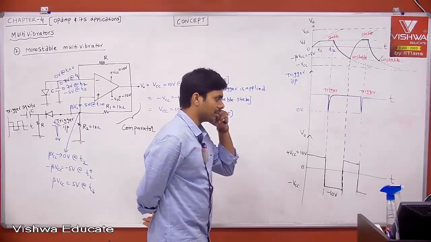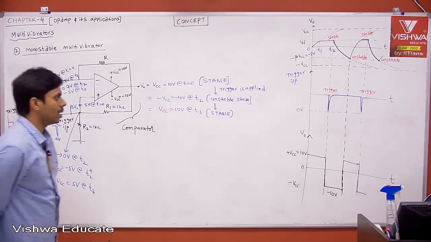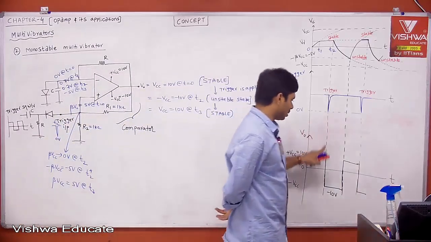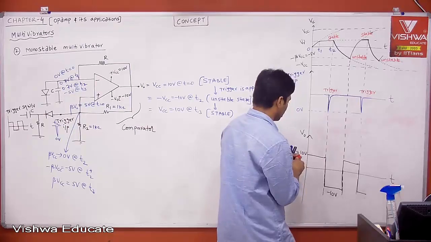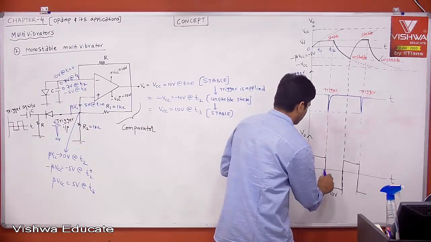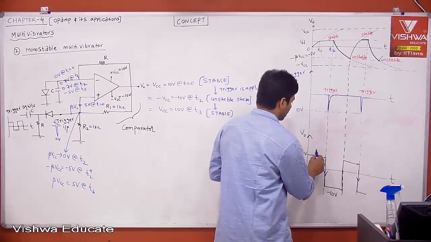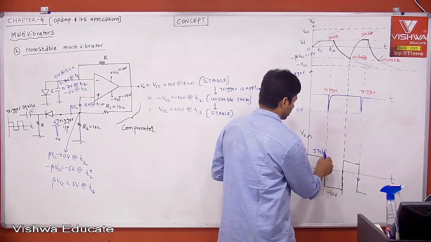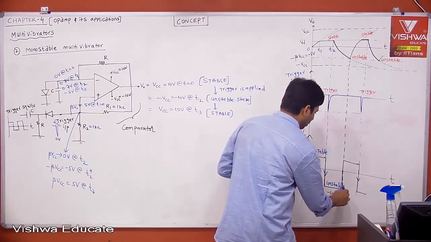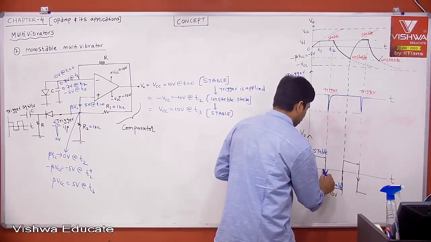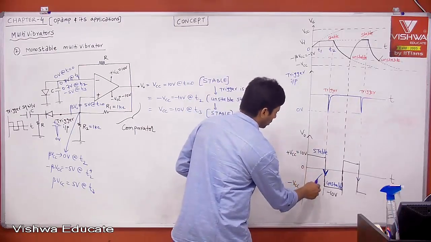Take the timing diagram, okay. Therefore whenever trigger applies, the state will change from +10 to -10. Therefore this is associated to your trigger. Whenever trigger comes, then only your stable state will become unstable. Whenever trigger applies, this is very important, okay. This is trigger.